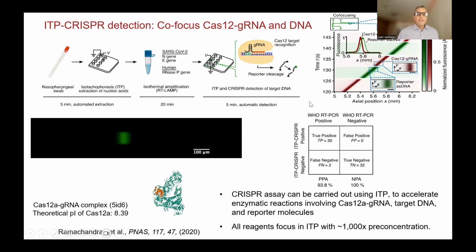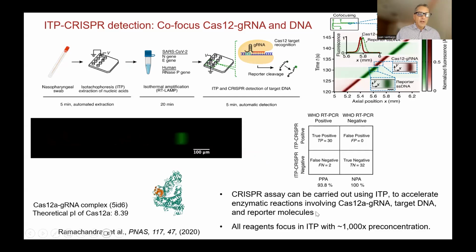The assays that we develop in my lab are typically microfluidic assays. We take microchips, we apply electric fields, and we can use these electric fields to control the flow of liquids, but also to control the motions of molecules moving through the liquid through tiny microchannels. In this example, I'm showing some work where we did detection of the virus that causes COVID-19.